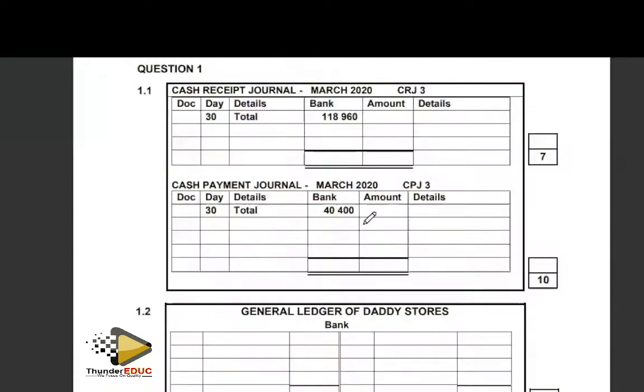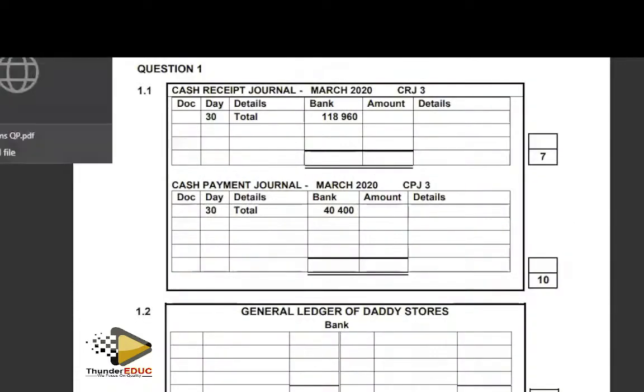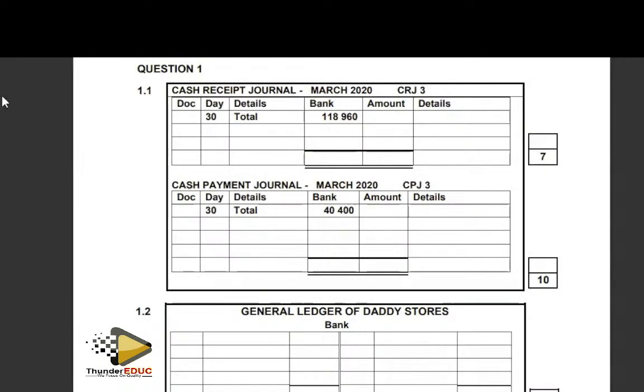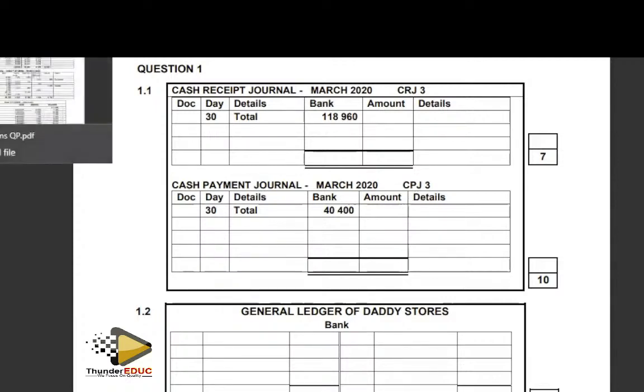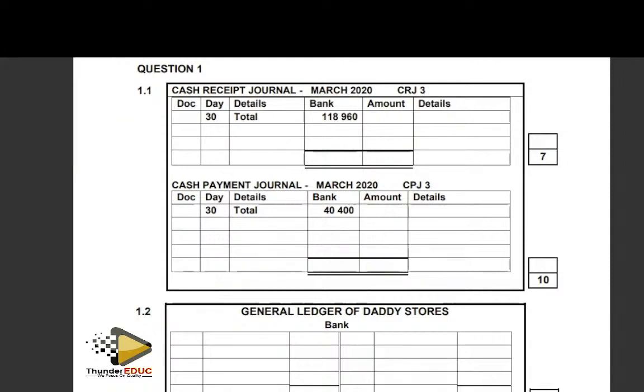Then when we check the cash payments journal, we are supposed to start with, just a moment, it's not the stores.